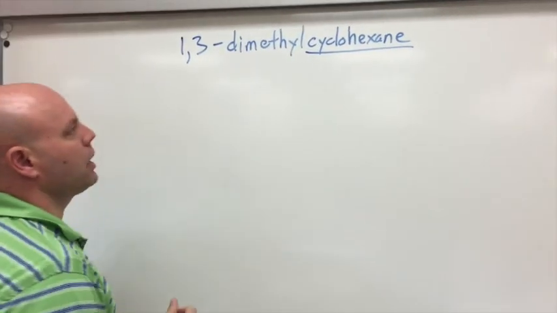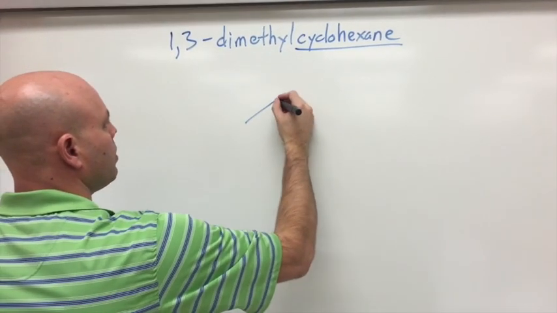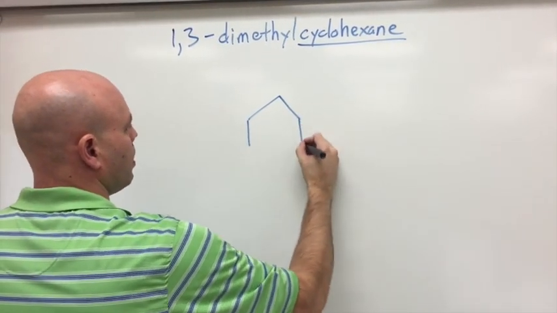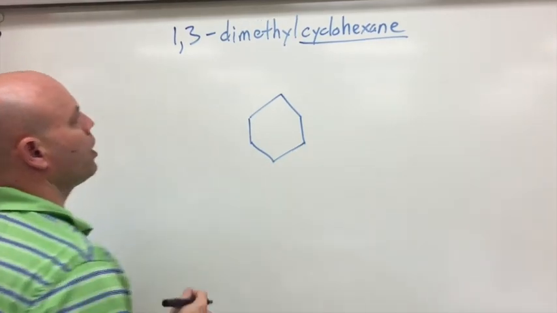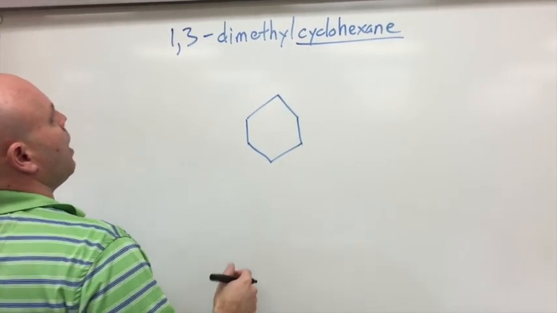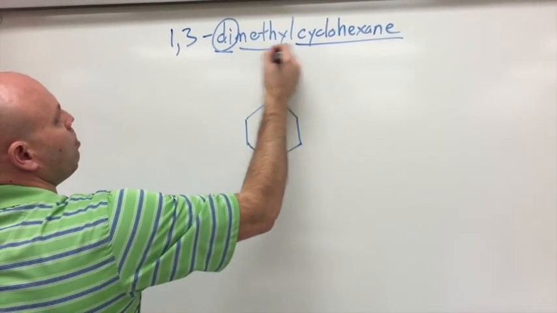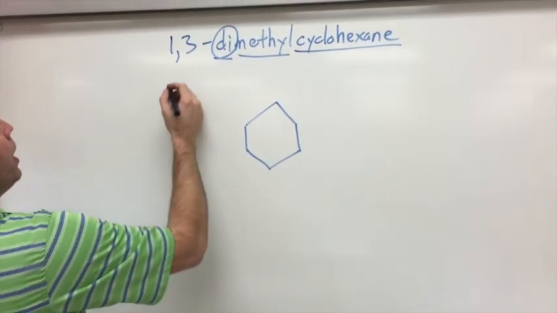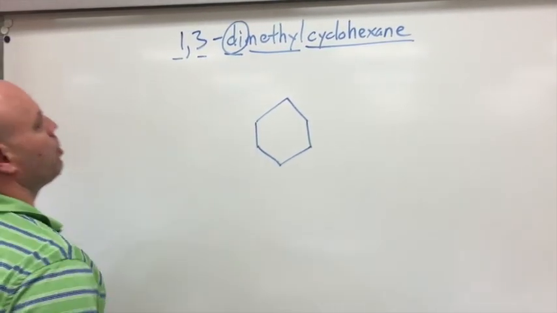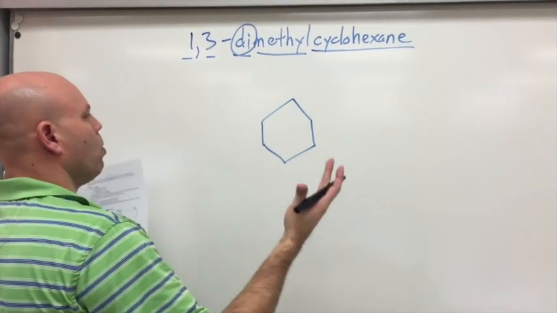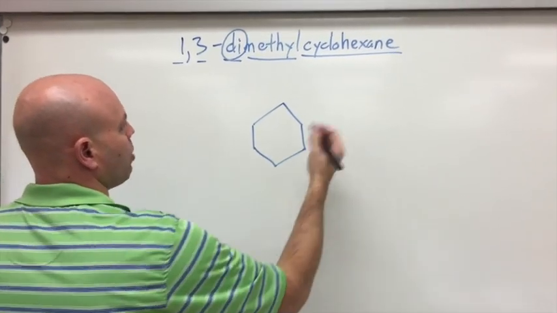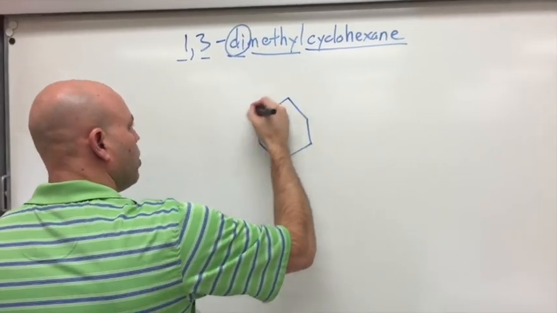There you go. So now we're going to draw this one. There's my parent cyclohexane. Okay, there's my hexagon. Now I know I have 2 methyl branches, and they're attached to carbon 1 and carbon 3. So where's carbon 1? Well, it doesn't matter. You can just pick one. We could say that's carbon 1 and go around this way.